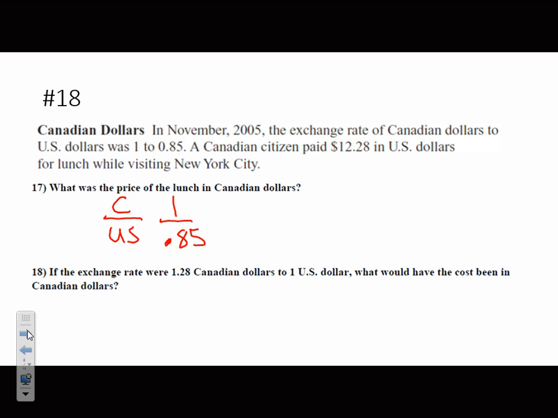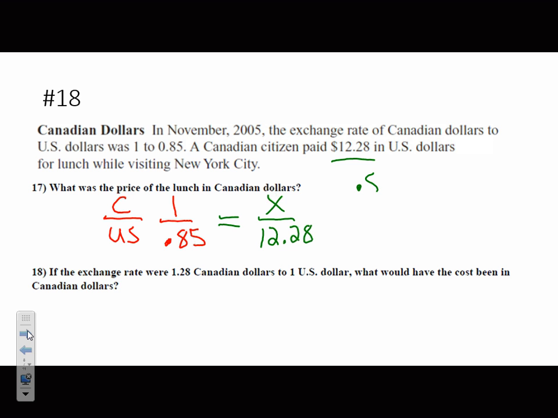So if we go back and look at this one, we're going to plug in what we know. We know he spent $12.28 in US dollars, so that's going to go on the bottom. And we want to know how many dollars he spent in Canadian money. So we're going to cross multiply.